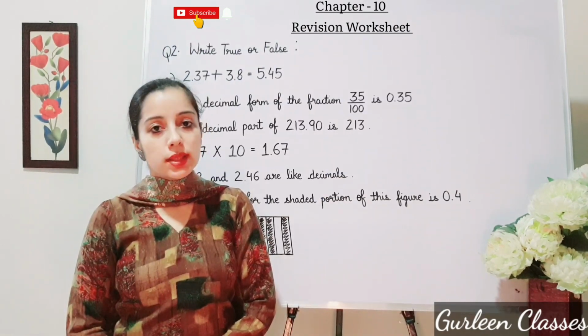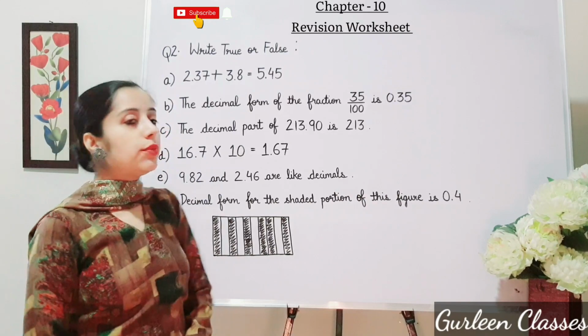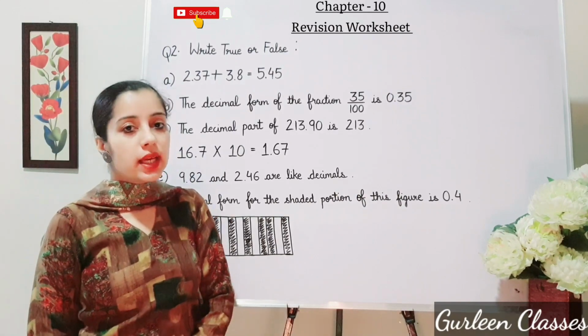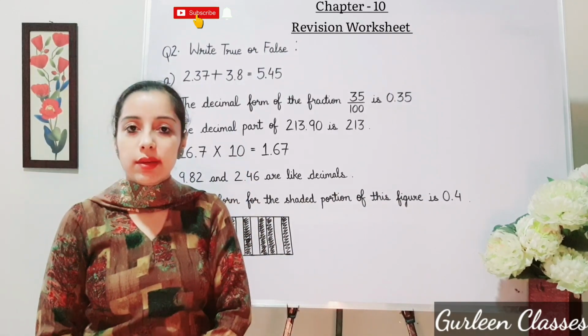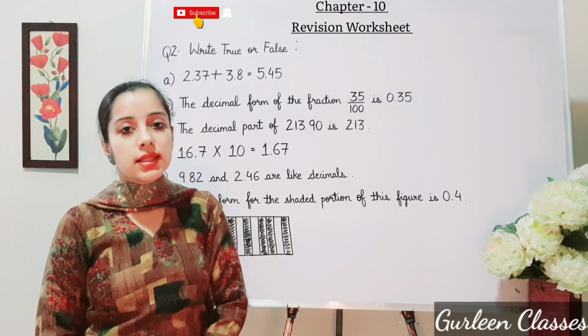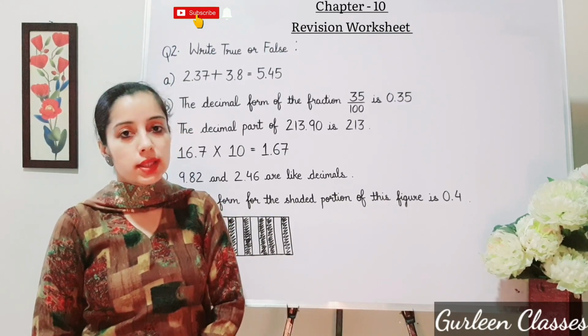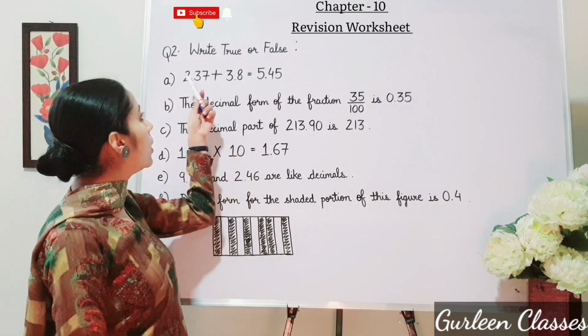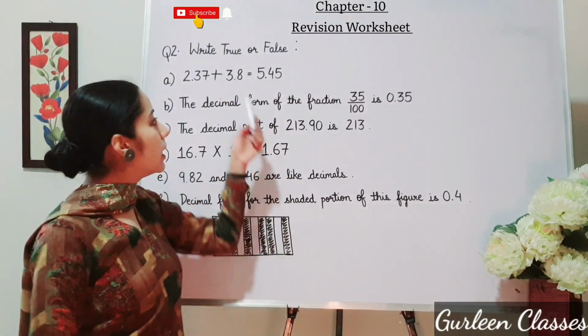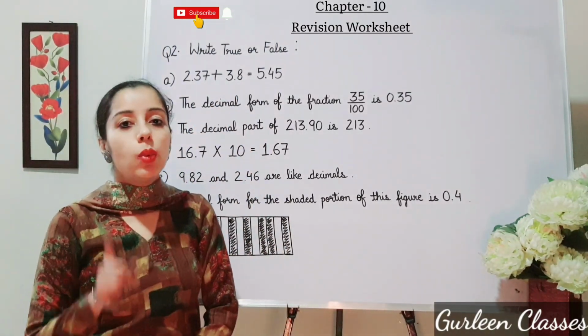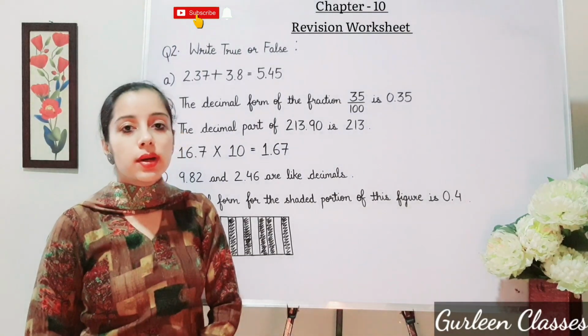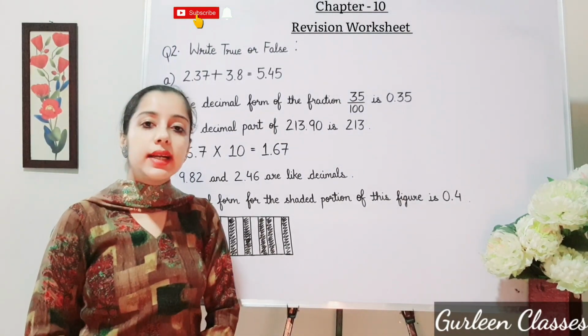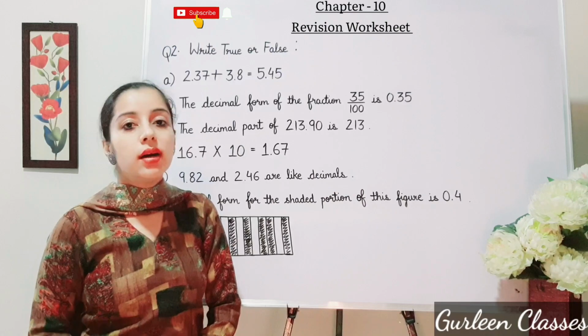Question number 2. Write true or false. A bar, 2.37 plus 3.8 is equal to 5.45. So let us add these decimals and see whether it is true or false. Here after decimal point there are 2 digits, and here after decimal point there is only 1 digit. So first we will convert unlike decimals into like decimals by adding 0 to the right side.